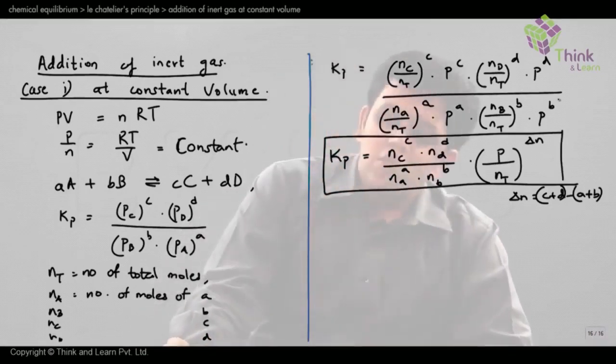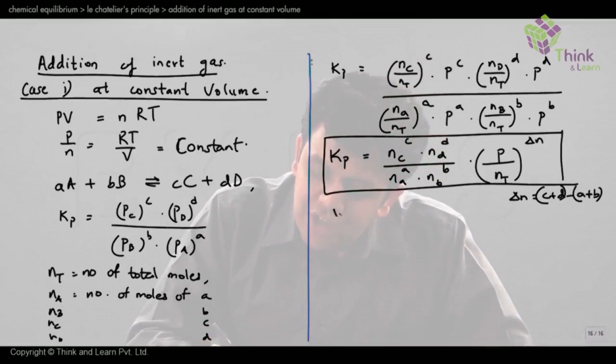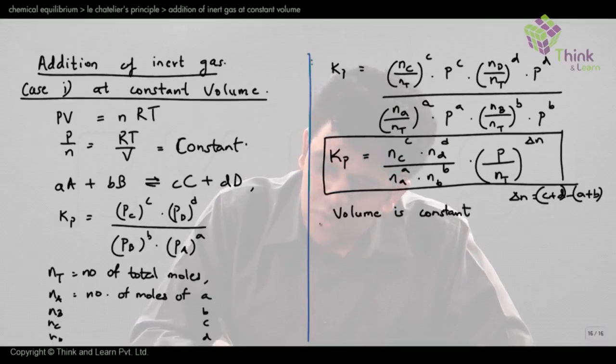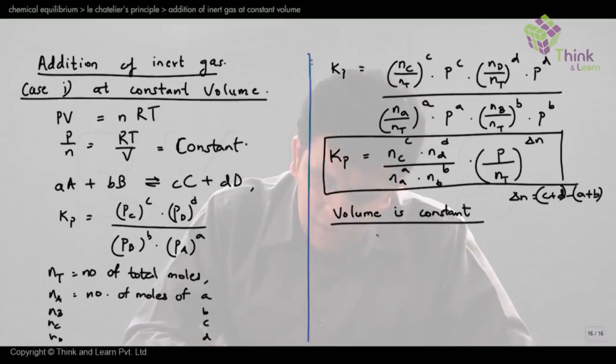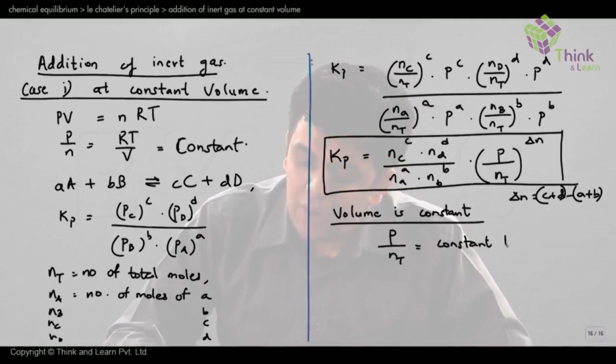Great. So now in this case, assuming volume is constant, we have P by Nt is also equal to constant by gas law.